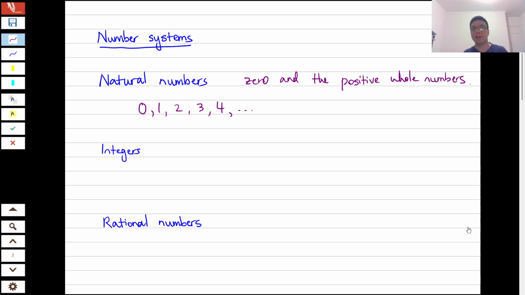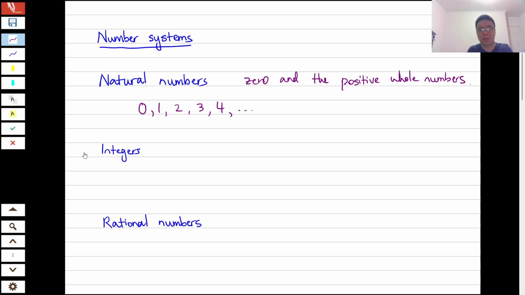A very simple way to extend this set is to ask the question, can I go the other way? Can I keep counting back below 0? Well, if you want to capture that, we need to invent a new kind of number. And this happens around grade 5, grade 6, grade 7, where you introduce the negative numbers.